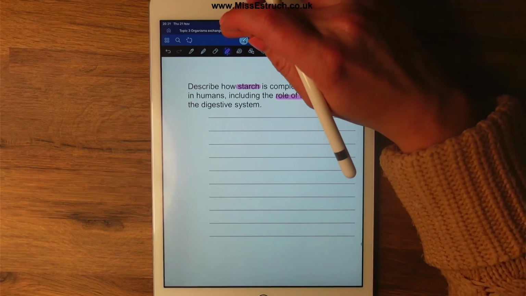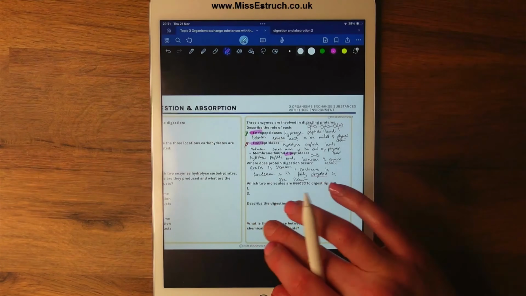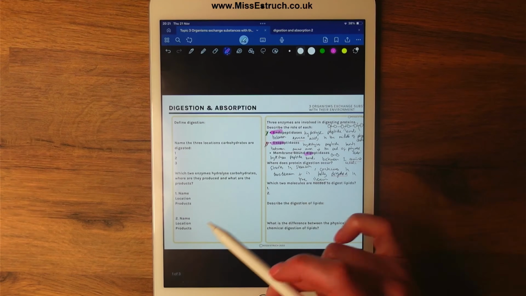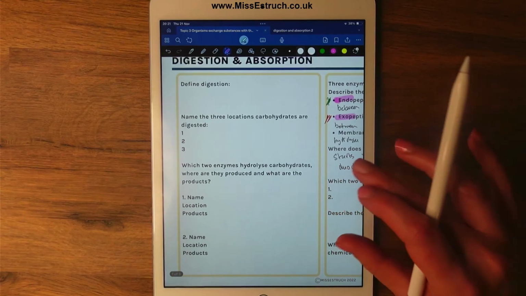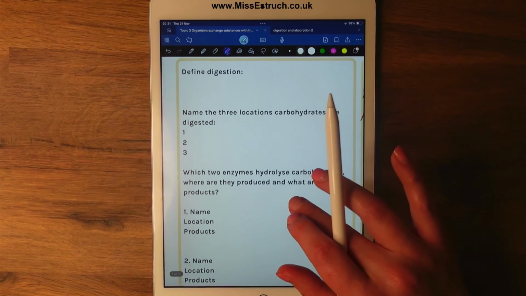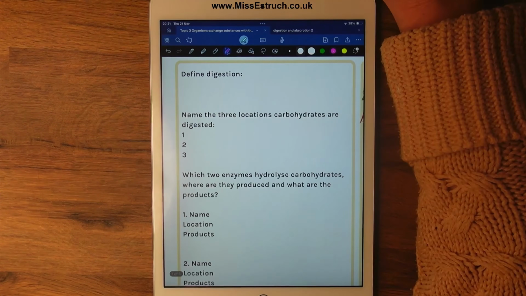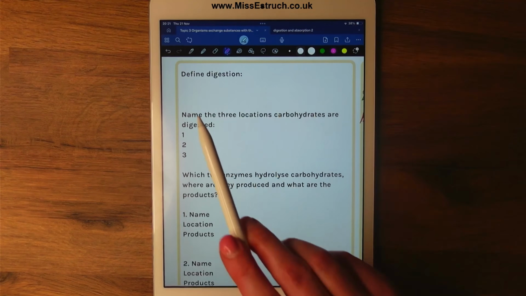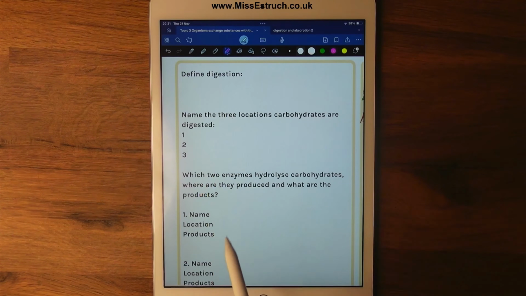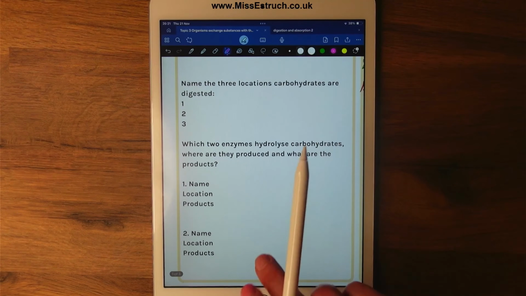So let's just see if I had a start point on this. Yeah, so here's our start point, just to link this back to the active recall workbook, hopefully to just help a little bit before we go into that exam question. So I'm going to skip this one here and just go on to the carbohydrate specific ones.